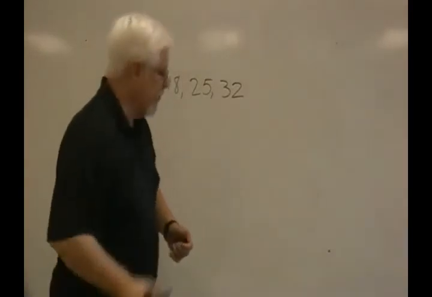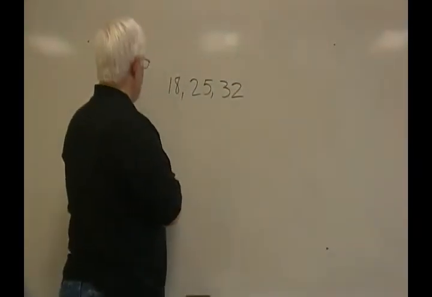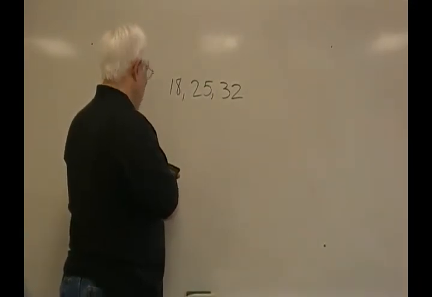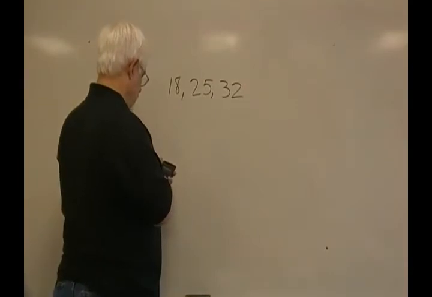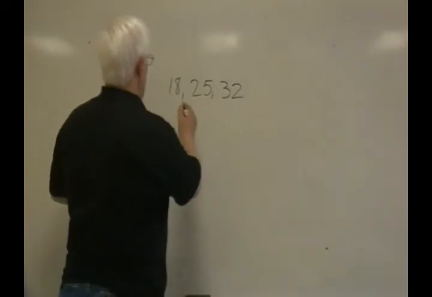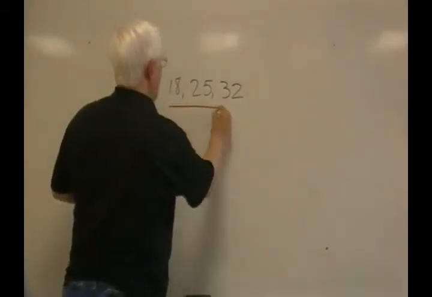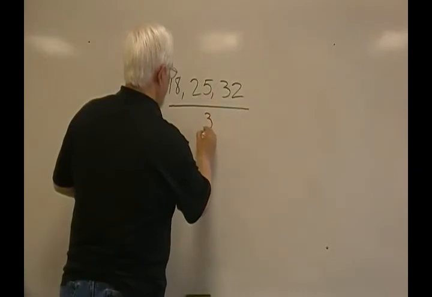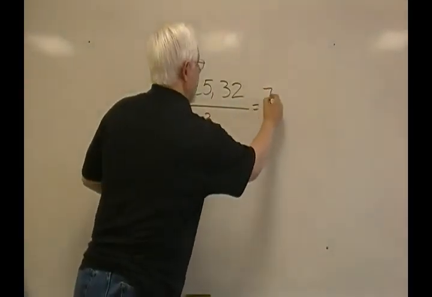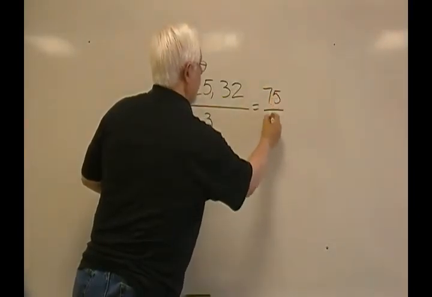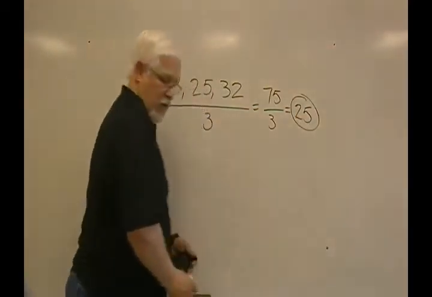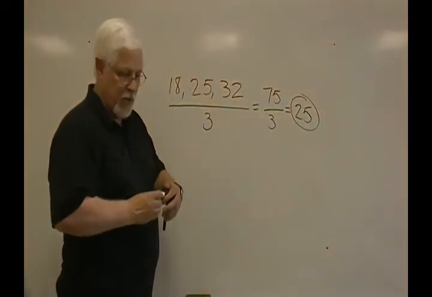Okay, first thing I want to do is get my trusty calculator and add them all up, and divide by the number of values. There are 3 values there. So we get 75 over 3, which is 25. Your answer is 25, choice B for number 1.